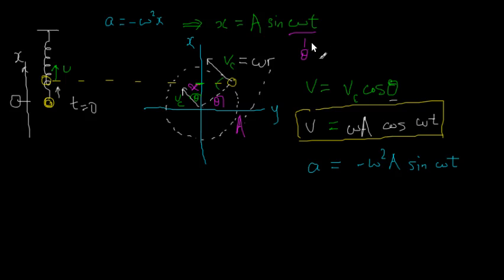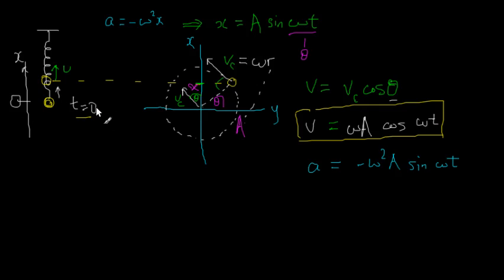Now, to understand what I'm talking about, go back to the circle. Remember how we described the motion of the ball starting from t equals 0.